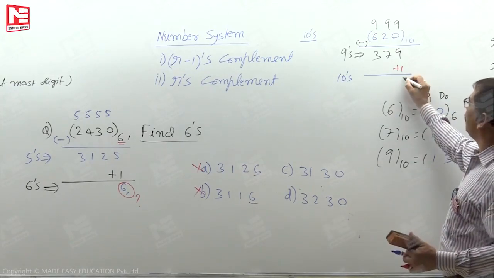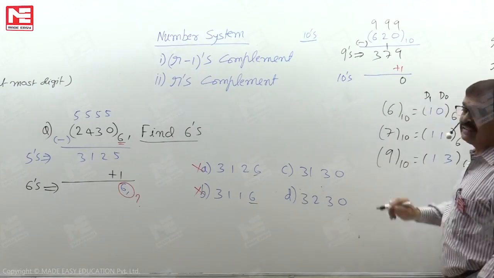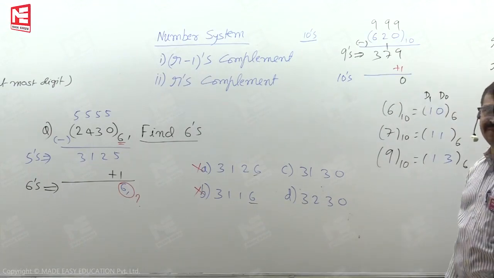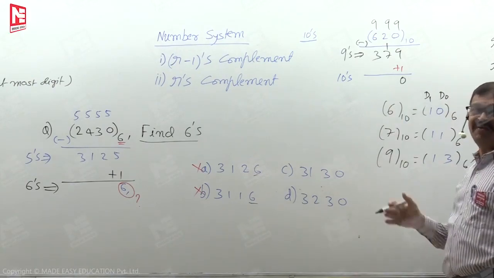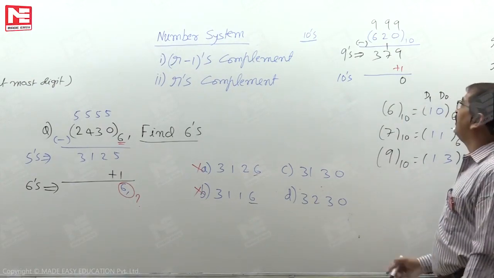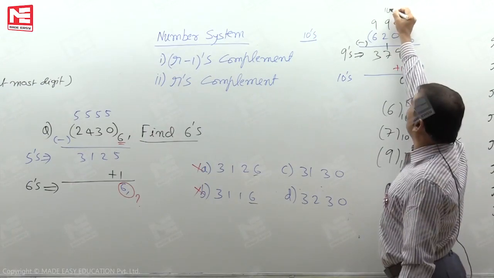So 9 plus 1, we keep 0 here and we forward a carry to the next significant place. But we need to understand conceptually when we forward a carry and when we do not. We are forwarding a carry from the 10 to the power of 0's place to the 10 to the power of 1's place.